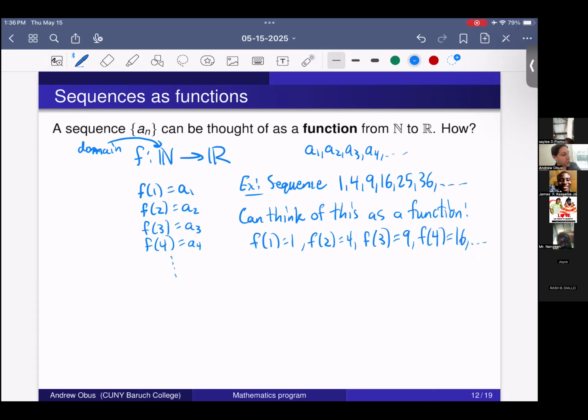And if we want to write it as a general formula, we could write this as f of n equals n squared. This is the general formula.